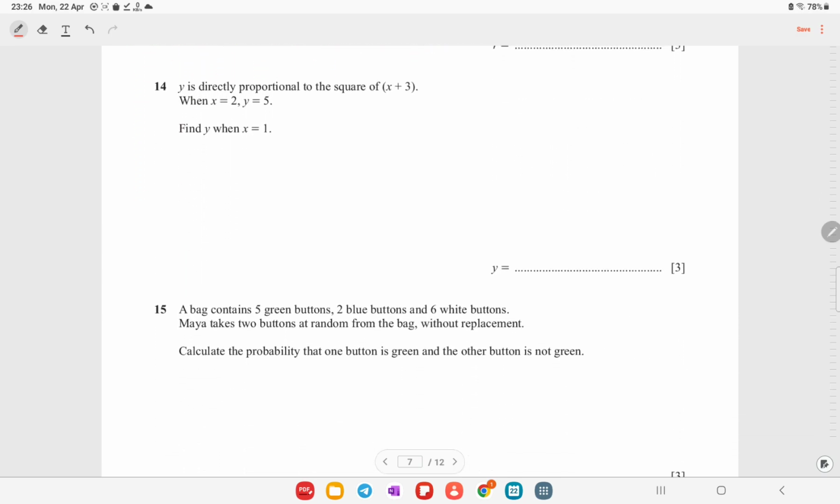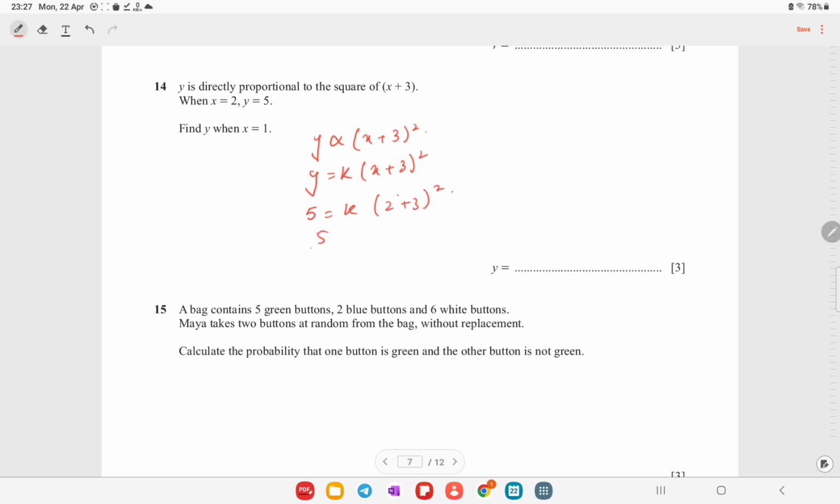Okay, y is directly proportional to the square of x plus 3. So now when x is 2 and y is 5, let me put it into an equation first. y equals k(x + 3) squared. Now y is 5, x is 2 as per the question.